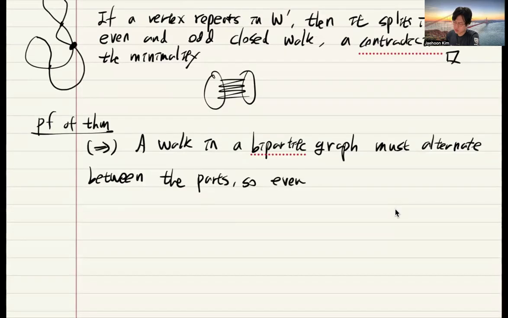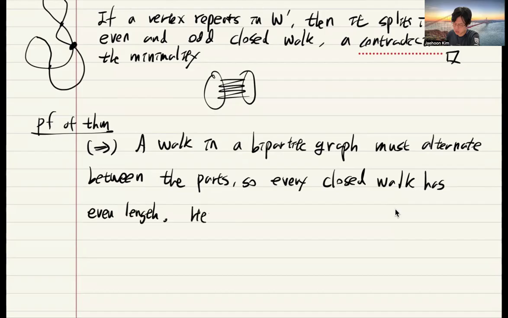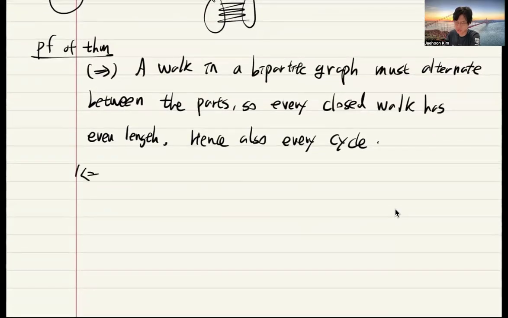So every closed walk, if you want to come back to the starting point, has to cross an even number of times. Hence, every cycle also has even length. So this direction is clear.